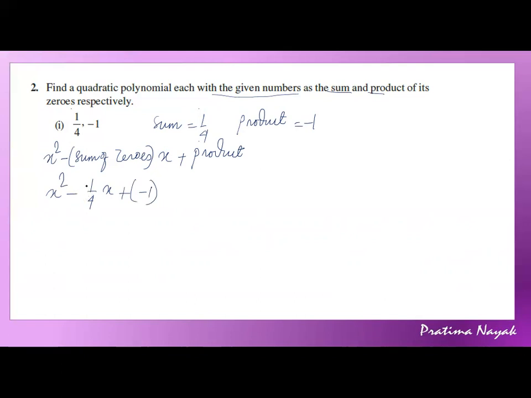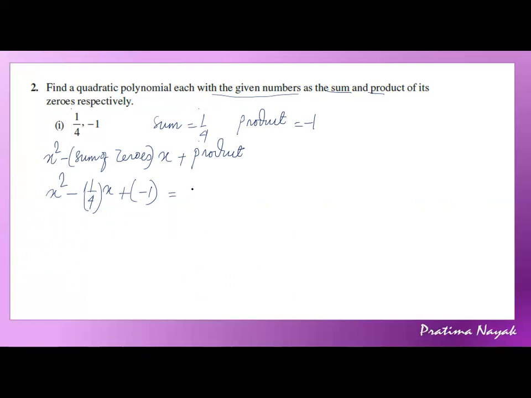X square minus sum into x plus product. So is this the answer? No. You have to do a little bit of simplification. You have to multiply 4 throughout. There will be no rational number or denominator in this polynomial.